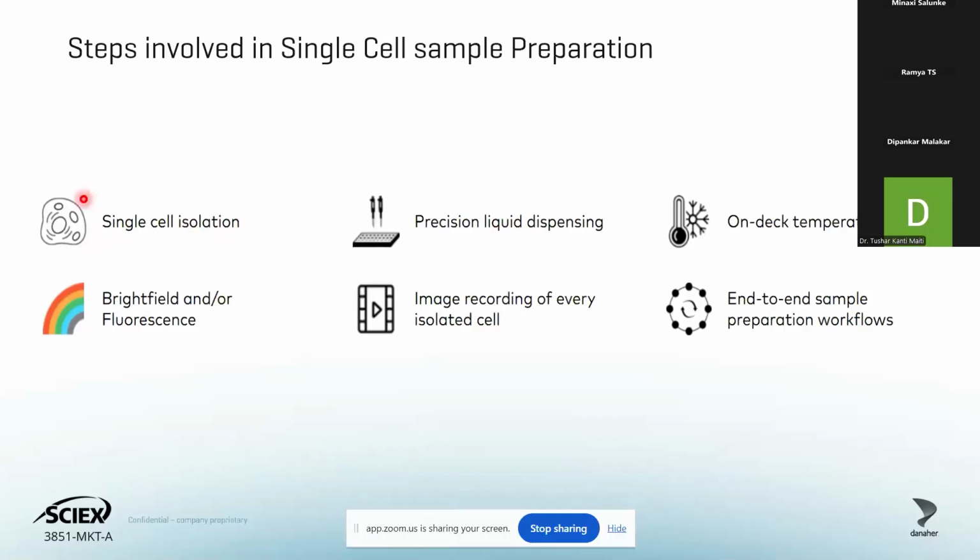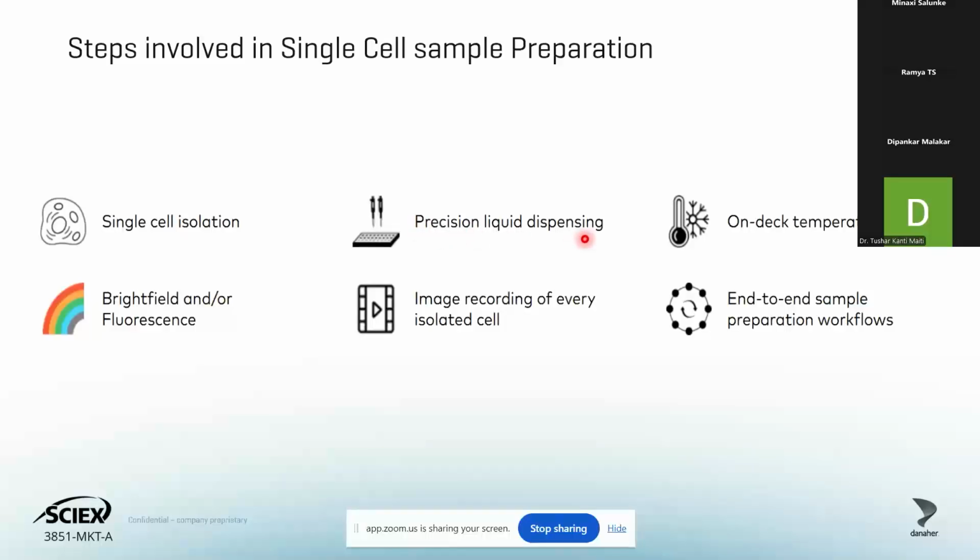So the first point, from a cell line or from a tissue, is to isolate the single cell; that is single cell isolation. Second is the visualization of the single cell. Using bright field and or fluorescence, we need to see where the cell is actually located. Then there is precision liquid dispensing.